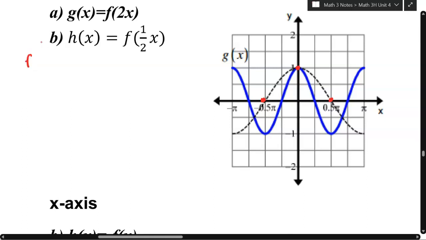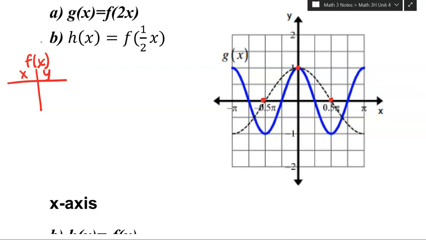F of x. So our point here is 0, 1. And then the next points we're going to be looking at are our 0.5 and negative 0.5 pi points, or our pi halves and negative pi half points. So 0.5 pi and 0, and negative 0.5 pi and 0.